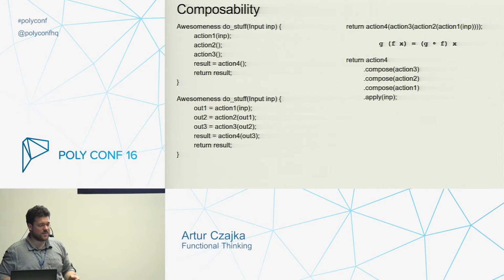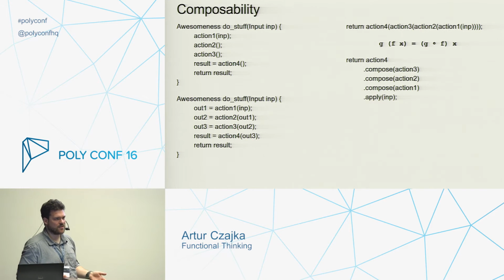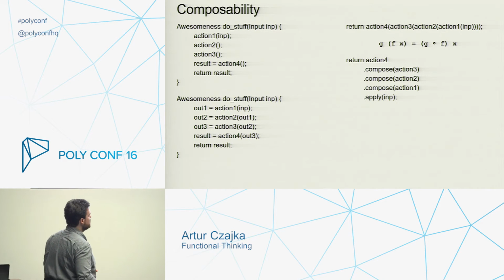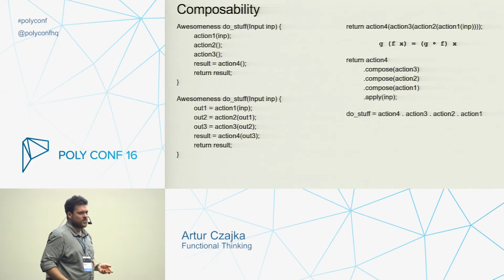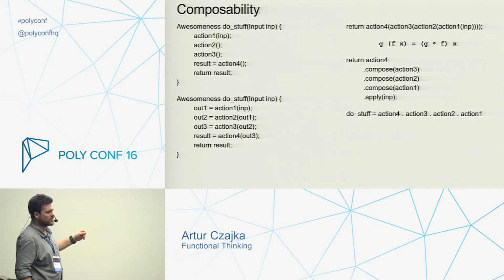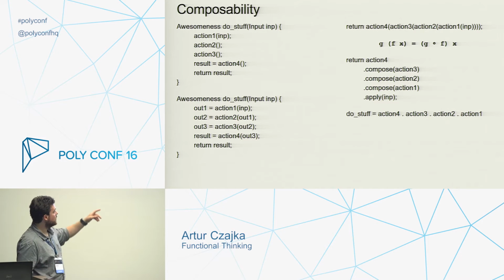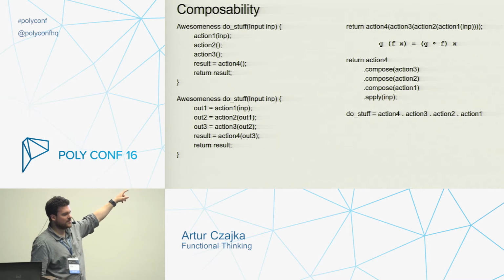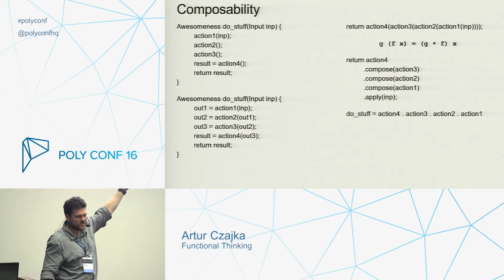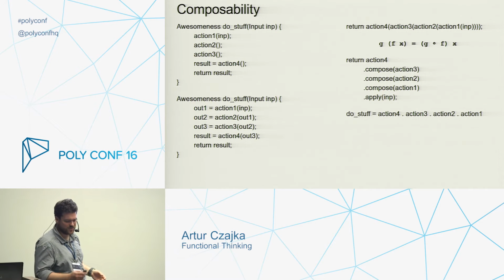By comparison, if you ever read some Haskell code, you probably saw something like this, which is functional composition in Haskell. This dot operation is the small circle operation, which is function composition.